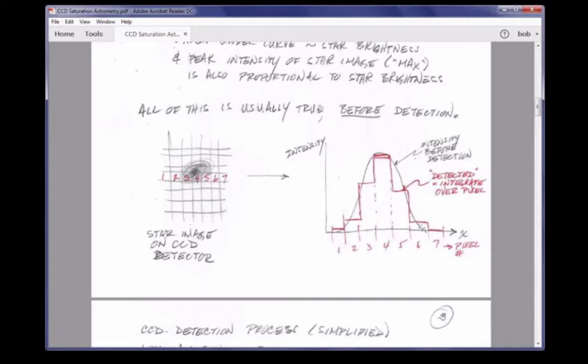Mm-hmm. And under almost all situations, the centroid of the sample, the centroid of the histogram kind of thing, is the best estimate of the location of the bell curve.